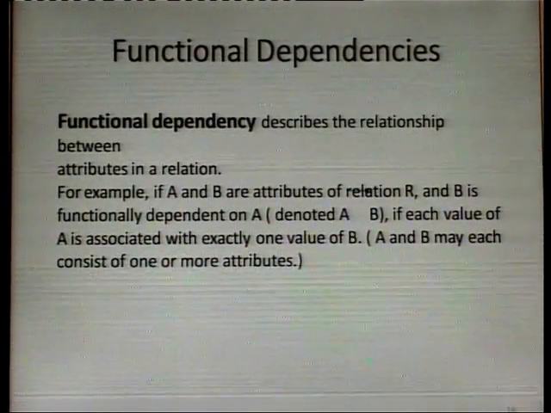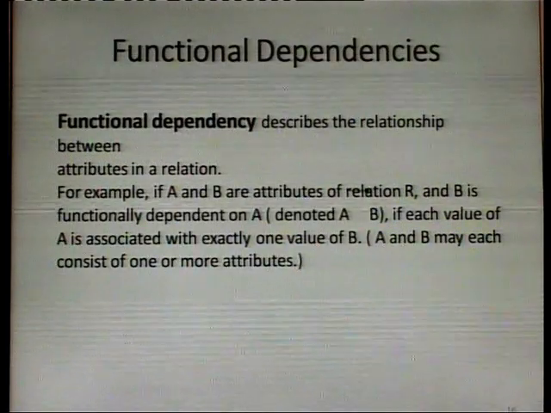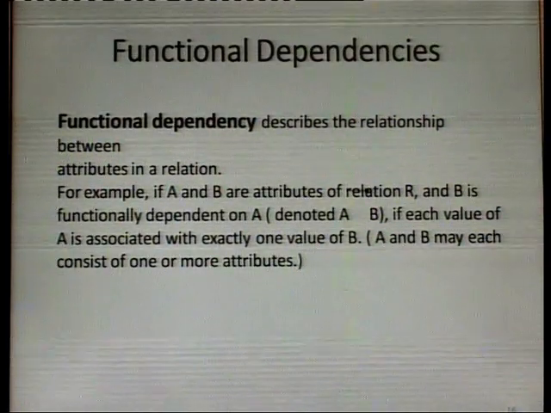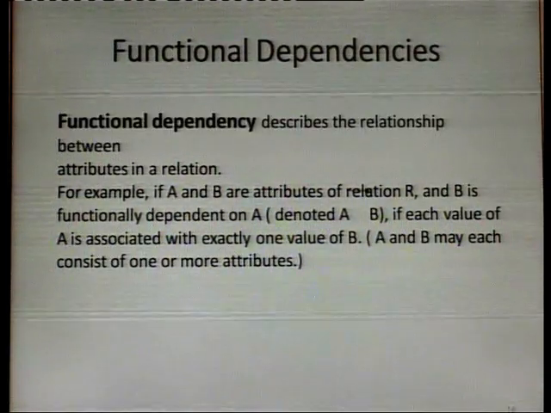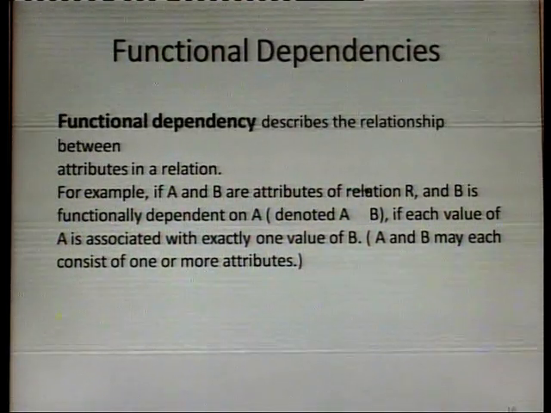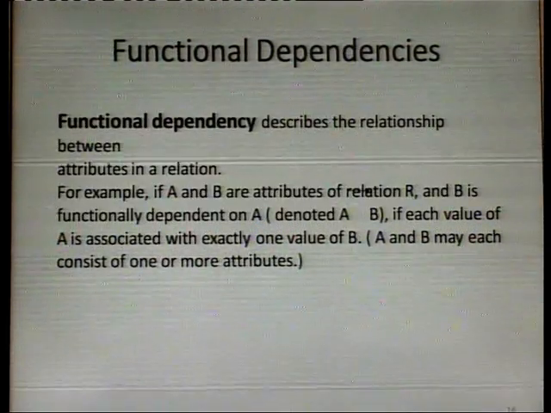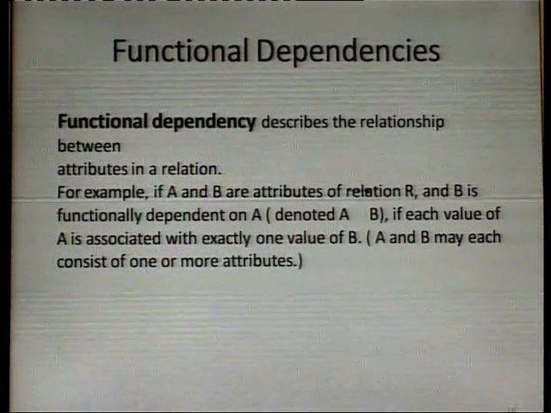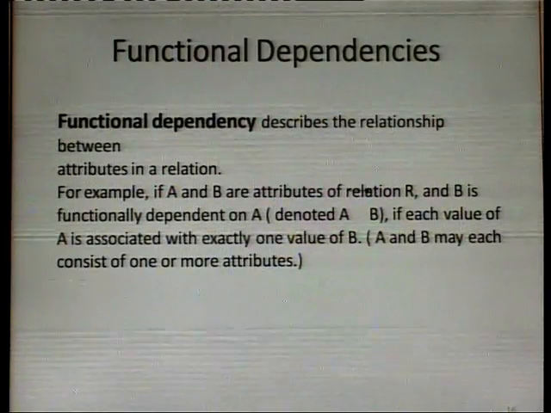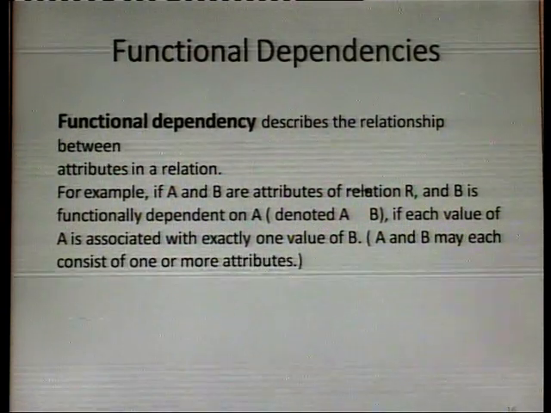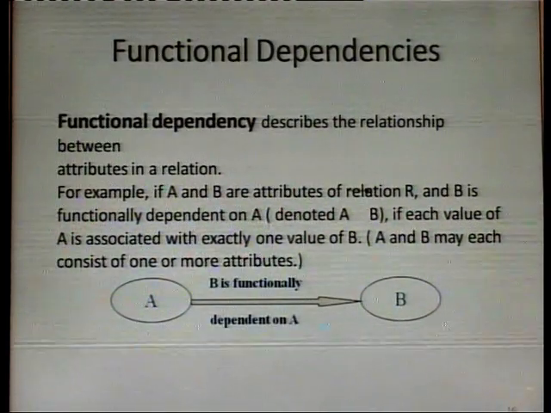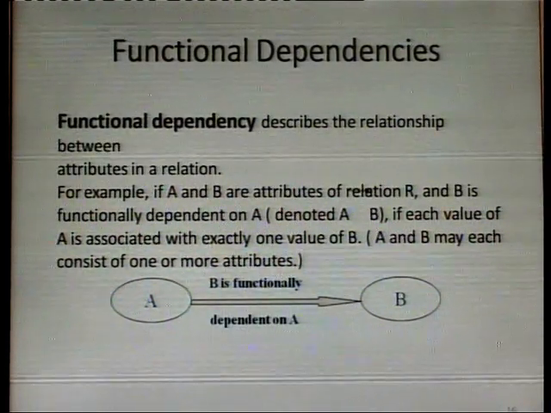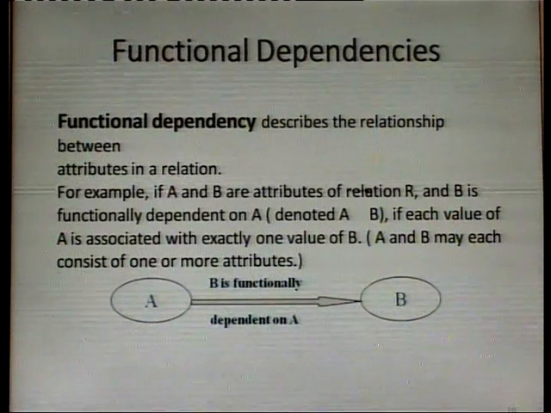There is a basic term known as functional dependencies, as we talked about earlier. The functional dependency is between the attributes of a relation: how one attribute is dependent on another attribute. These are known as functional dependencies. There are various functional dependencies. It describes the relationship between the attributes in a relation.